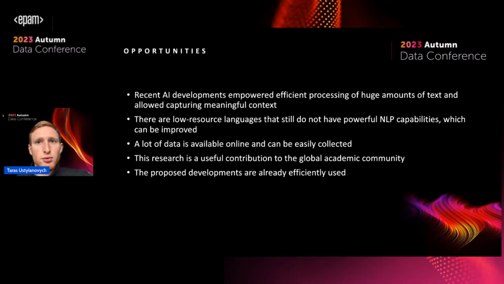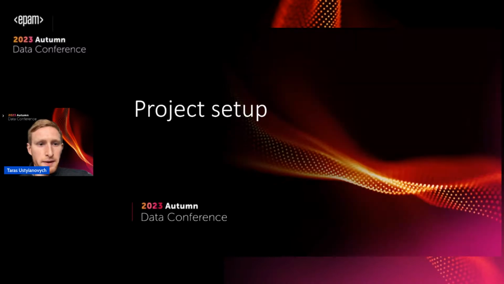So we decided that we could do something to improve this situation. Also, there is a lot of information related to the topic we researched available online. It's a useful contribution, and we managed to successfully deliver our solution to real clients. And today we're gonna actually talk about this as well.